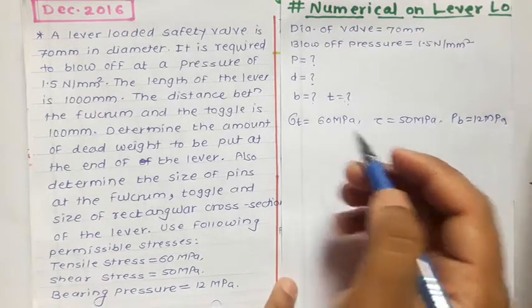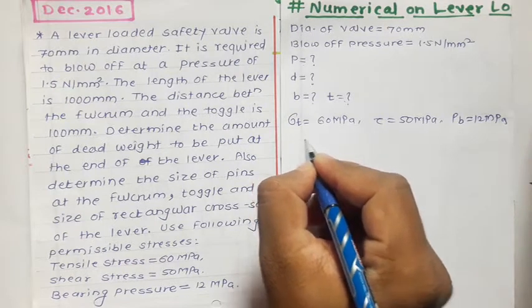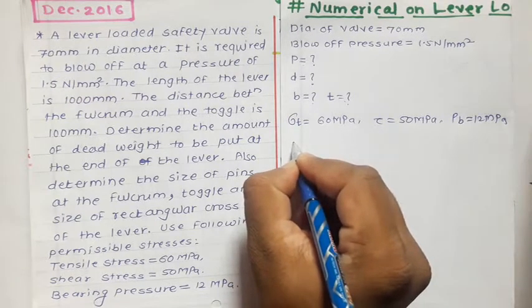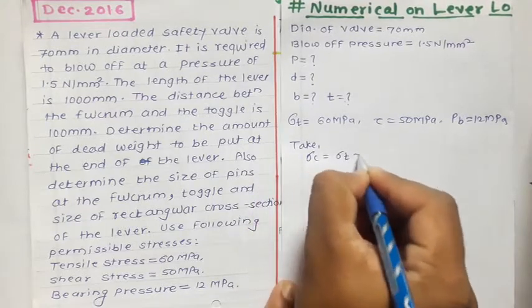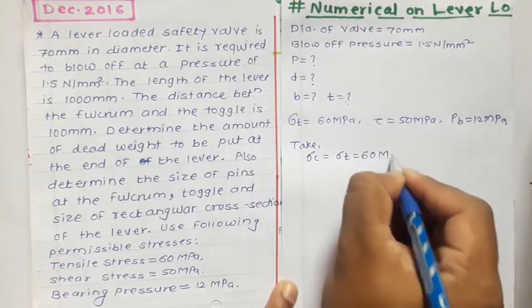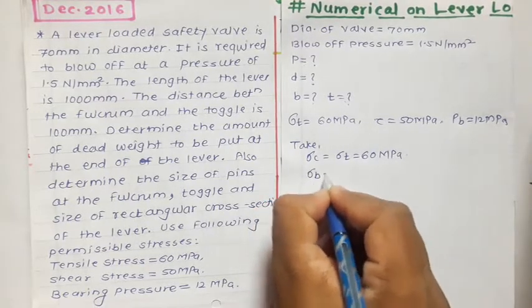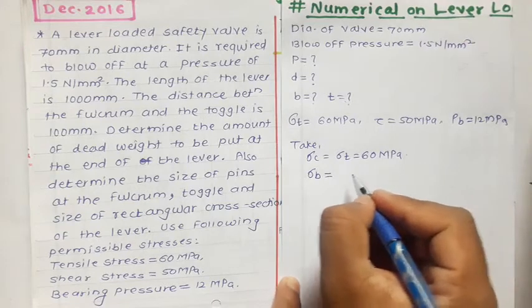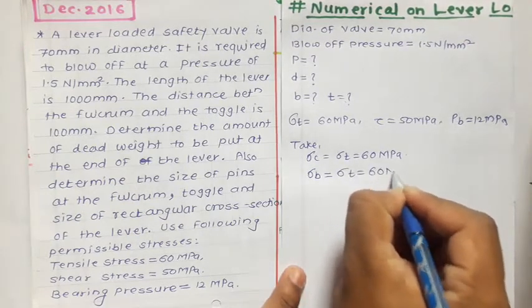Take the permissible crushing stress sigma C equal to sigma T equal to 60 megapascal. And one more permissible stress we require is the permissible bending stress sigma B. Always we take the permissible bending stress equal to the permissible tensile stress, 60 megapascal.